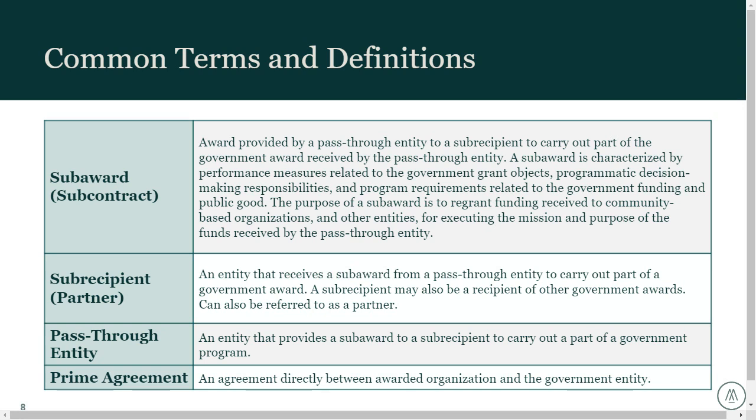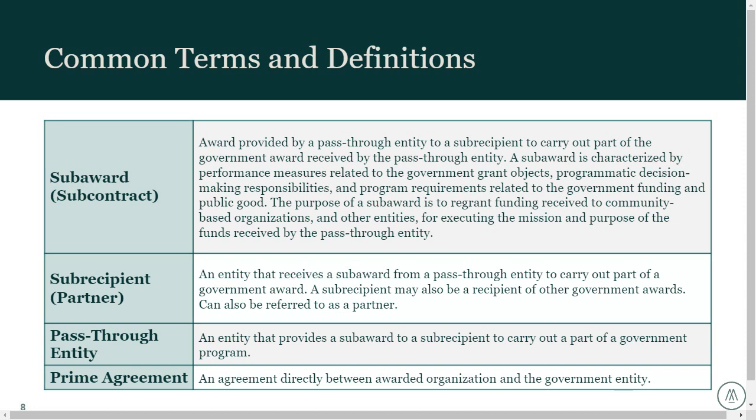So if you've received grant funds and then you're passing those funds out to another organization or entity to execute a portion of the grant purpose and mission, that would be considered a subrecipient and a subaward. Again, that subaward is characterized by performance measures related to the grant purpose, objectives, and mission. And as a pass-through entity, your responsibility is oversight of those subawards or those subrecipients.